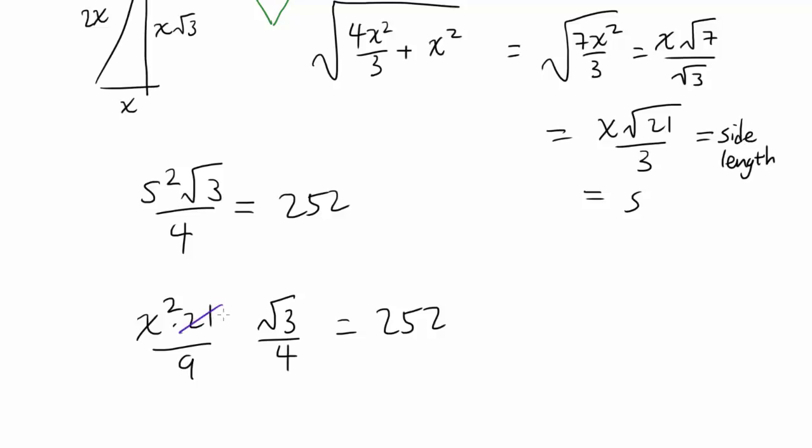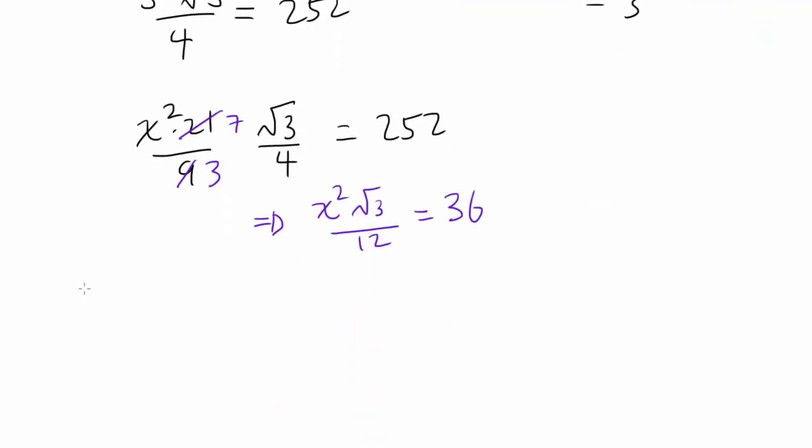And of course, we can make some simplifications, 7 and 3. So we have x squared times square root of 3 over 12. And we have 7x squared times square root of 3 over 12 is 252. Dividing both sides by 7 gets us 252 over 7, or 36.